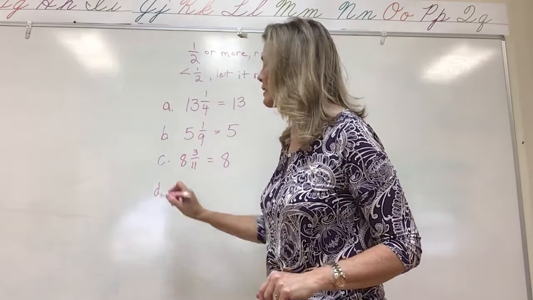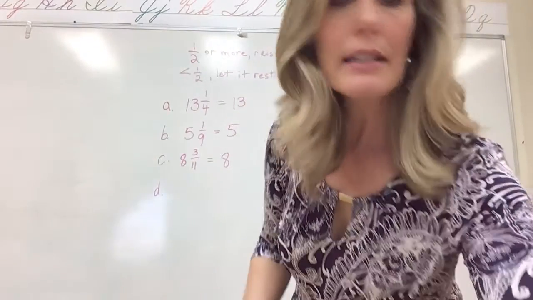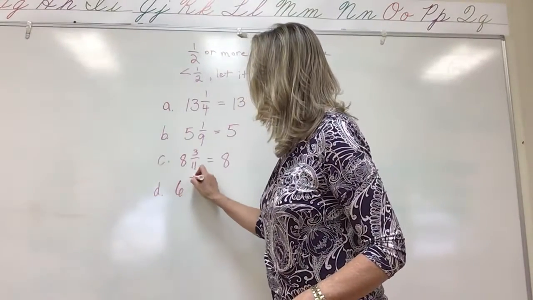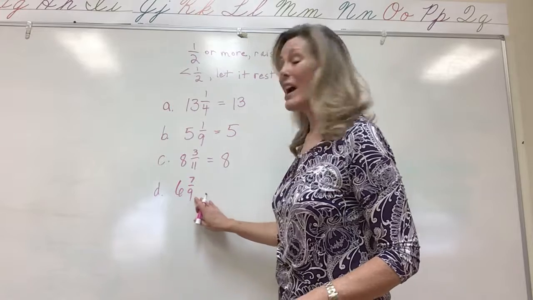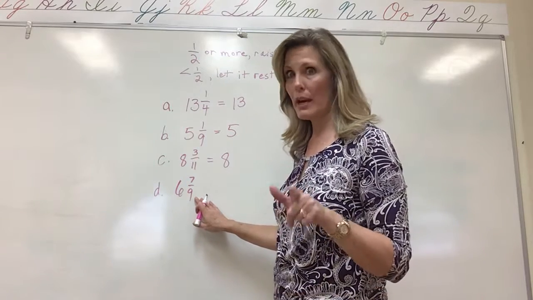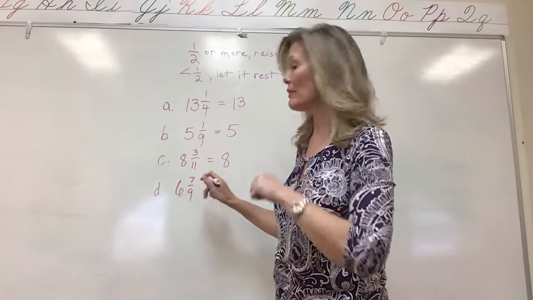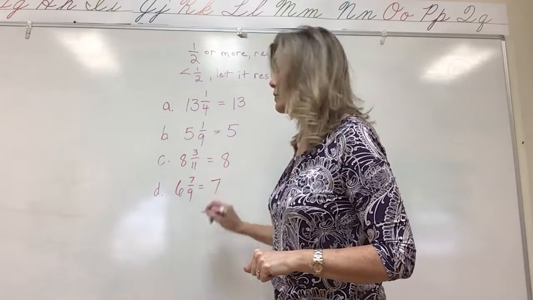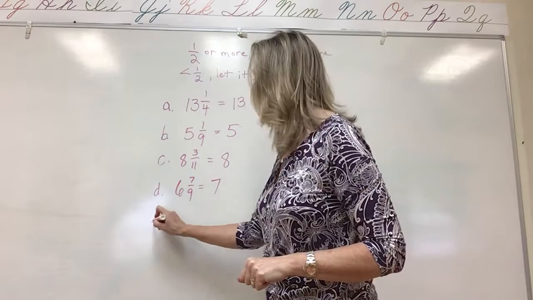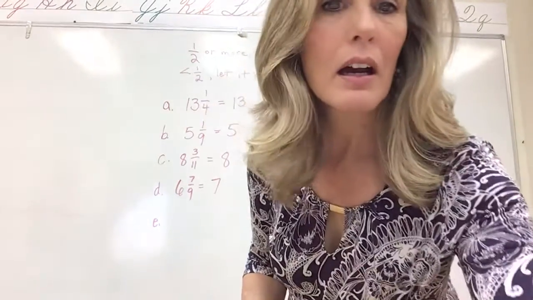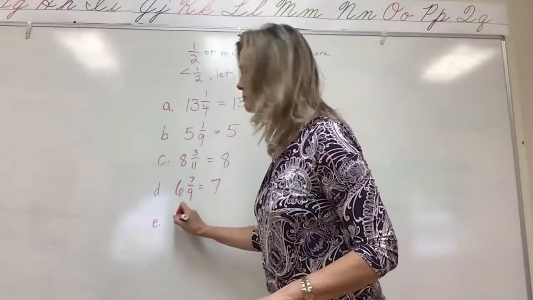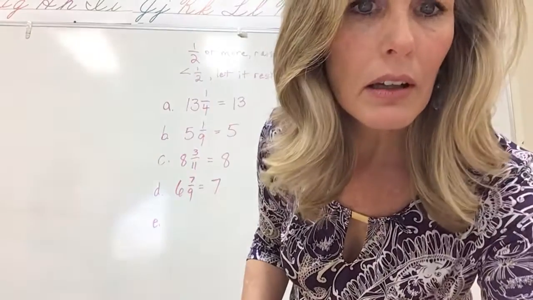Let's go ahead and finish that number out. D, 6 and 7/9. All right, well, half of 9 is 4.5. 7's more than 4.5, so that's more than a half. That's going to raise to 7. Letter E, 1 and 2/3.